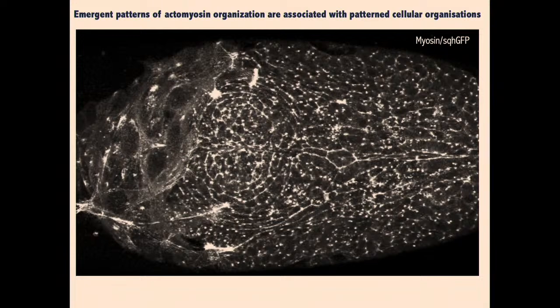And myosin is an essential protein in virtually every cell, so it's present in every cell in the embryo. We are just focusing on the germ band. So what I was pointing out is that you see these planar polarized supracellular cables that are sometimes spaced closely.